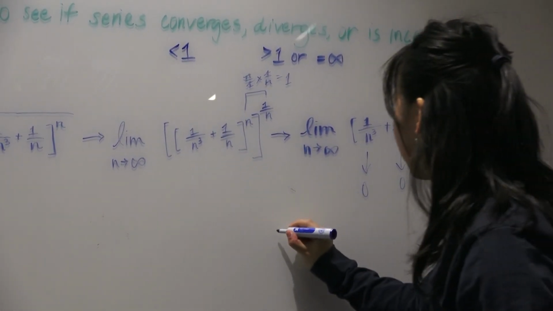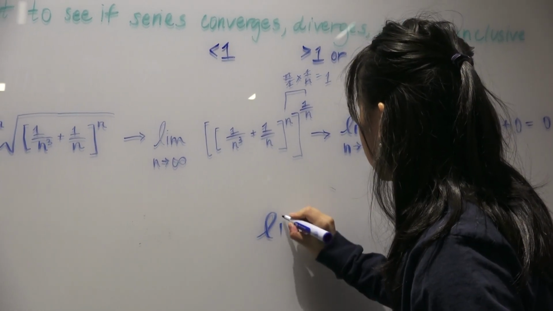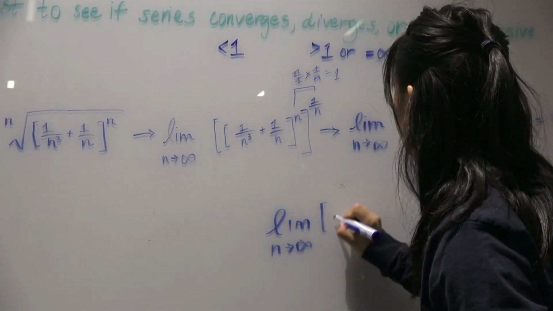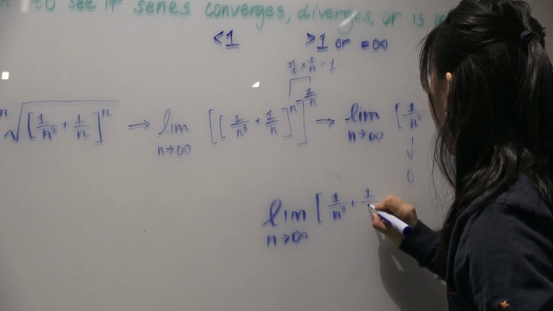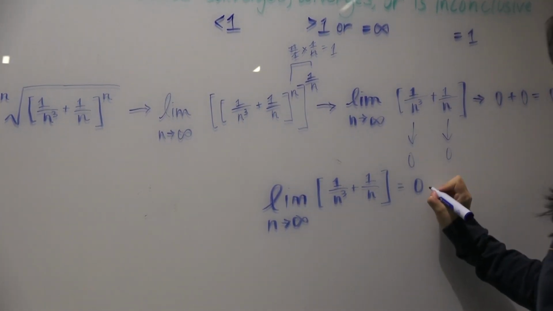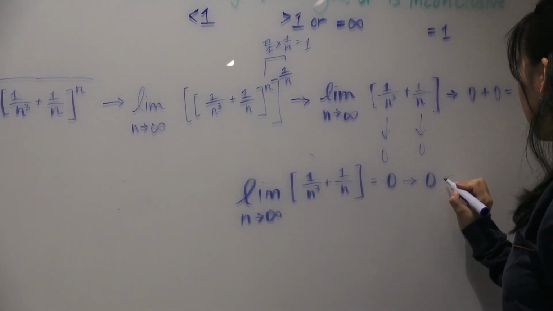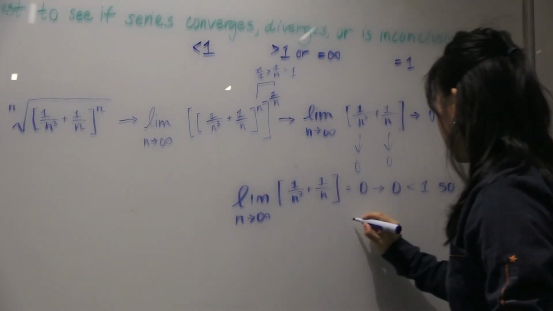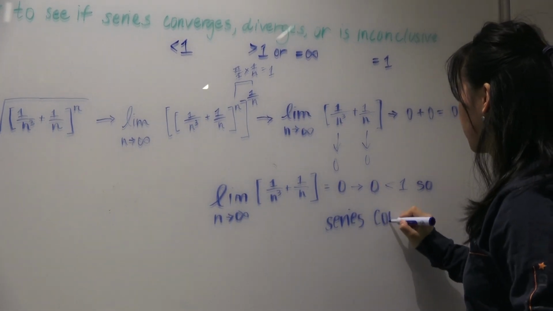So the final answer is that the limit as n approaches infinity of 1 over n cubed plus 1 over n is equal to 0. 0 is obviously less than 1, which means your series ultimately converges.